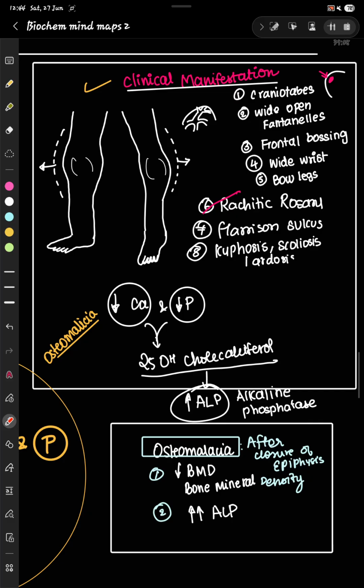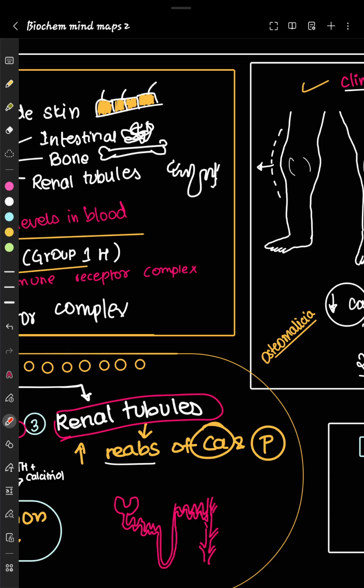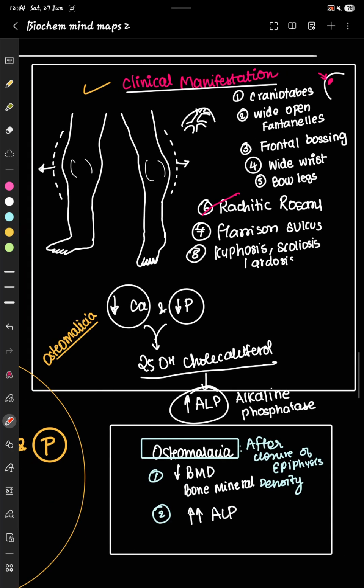So what actually happens during this manifestation is that there is bowing of legs, there is craniotabes. Craniotabes means when you touch the cranium, the head of the baby, it is actually so soft.